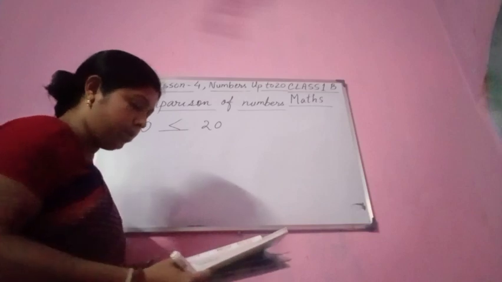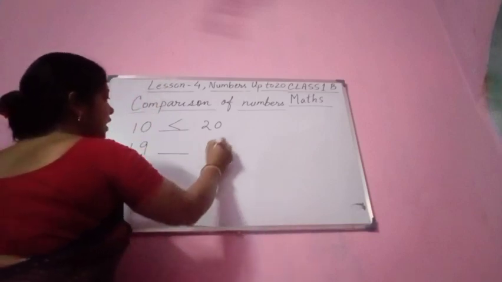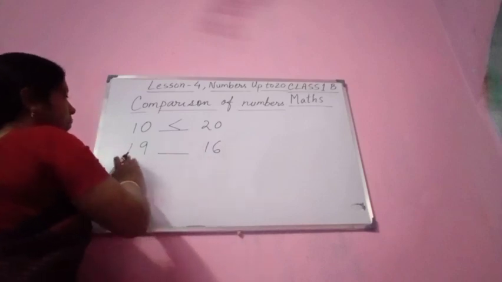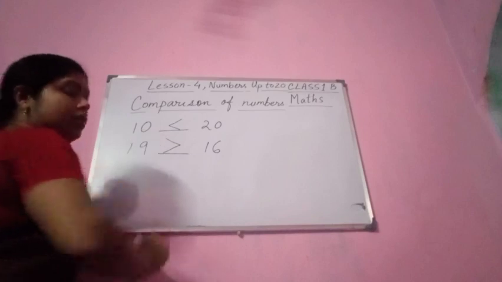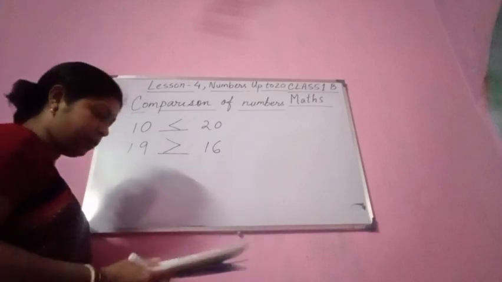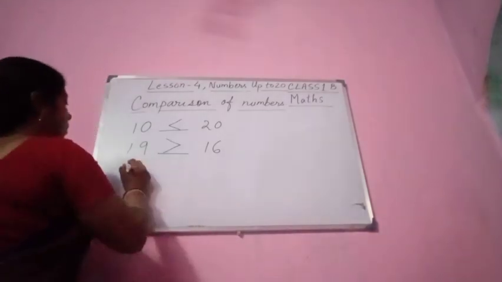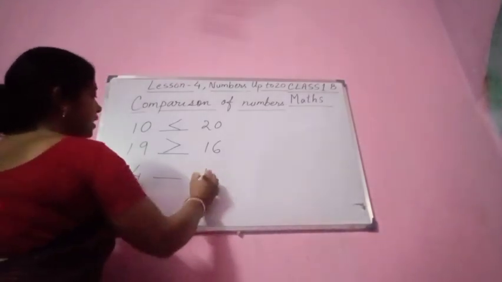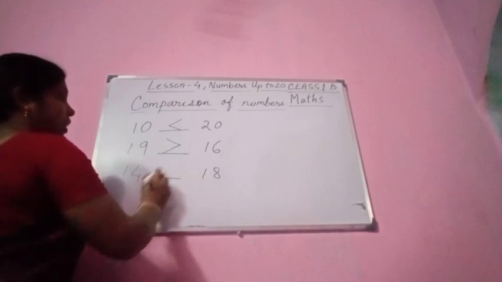Okay, next number you see 19-16. Now we will compare the first number. 19 is bigger than 16, isn't it? Next number you see 14-18. We are comparing the first number. 14 is smaller than 18, isn't it?